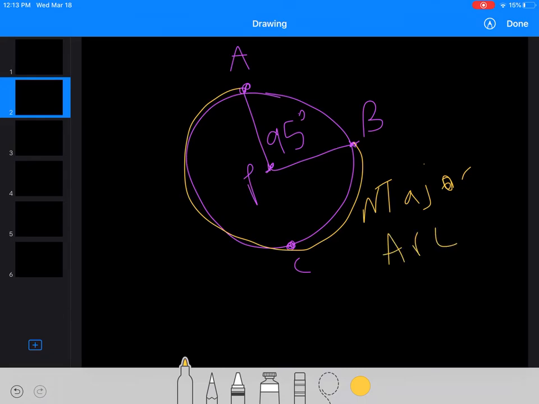Okay. And in order to find the major arc, whenever the center point of the circle is given, it's very easy. We know that there's 360 degrees in a circle. So we just have to do 360 degrees minus the arc we just found, which is the measure of arc AB.